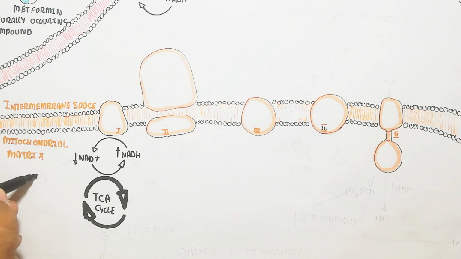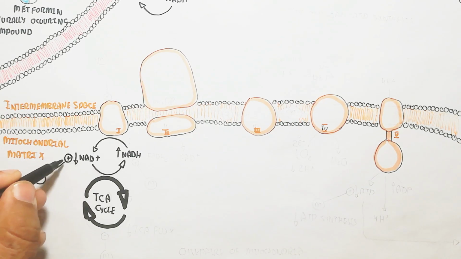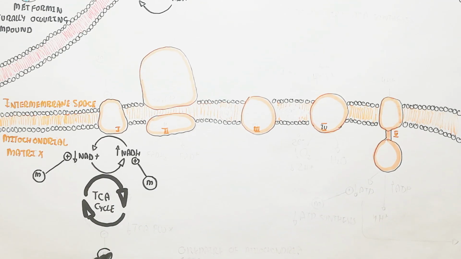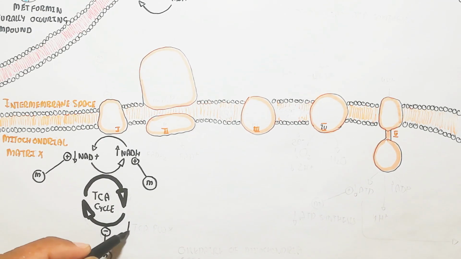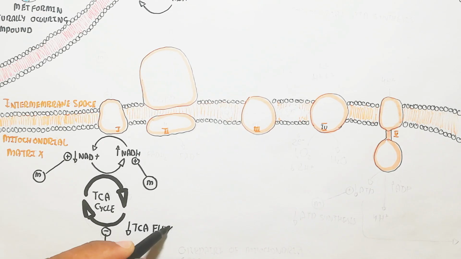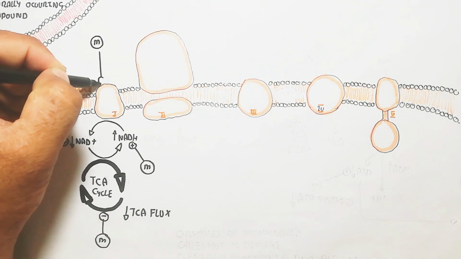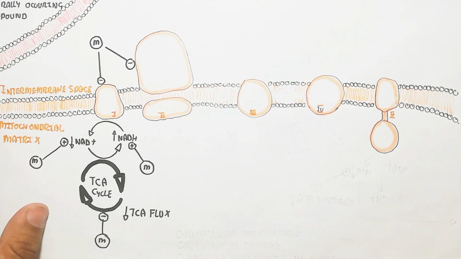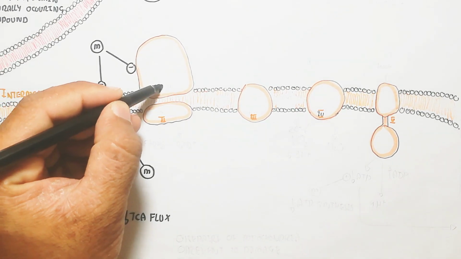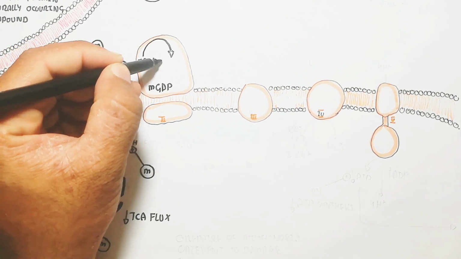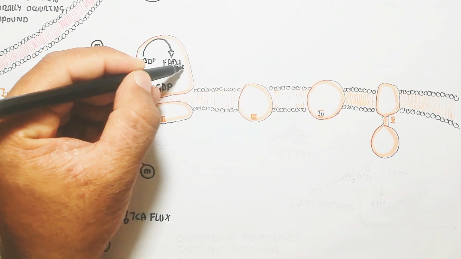It means the proton is donated and moves out while the electron is accepted to trigger the electron transport chain. But metformin will boost the NADH increase while inhibiting NAD plus, and the tricarboxylic acid cycle flux will decrease. In this way, the TCA cycle, the Krebs cycle, is inhibited by metformin.